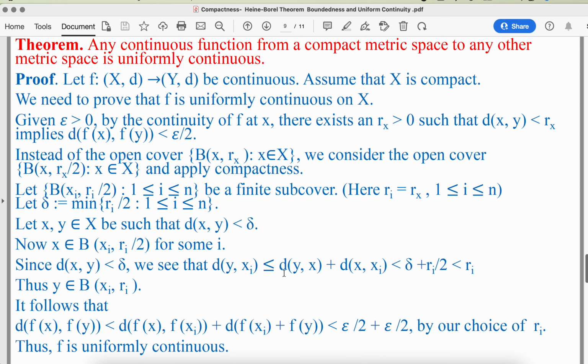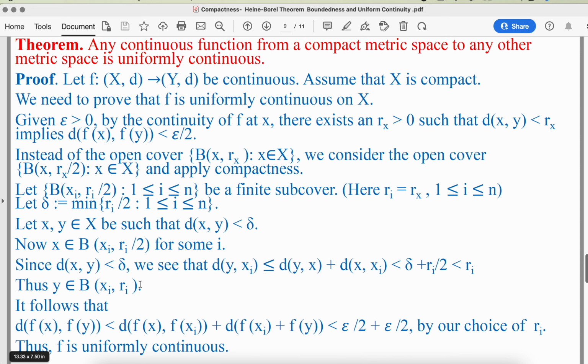But distance of y from x is less than delta, so it is delta. And distance of x from x_i, because x is a point on this ball, is less than r_i by 2, so it is r_i upon 2, and this is less than r_i. Because distance of y from x_i is less than r_i, it means y belongs to a ball centered at x_i and radius r_i.